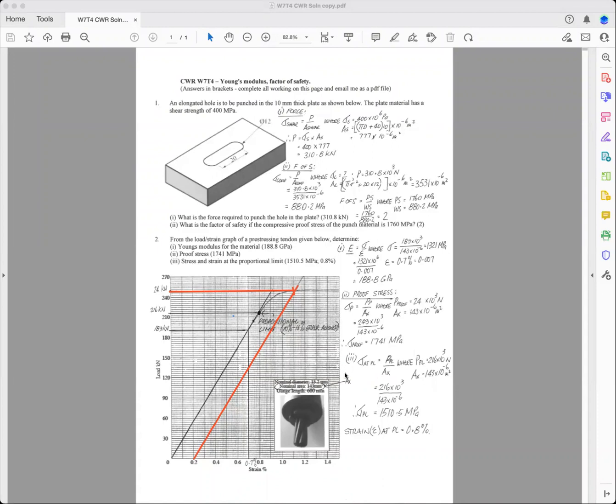So the proportional limit is 216 times 10 cubed load over that. And so you get the proportional limit of 1510 megapascals. And then you just drop a perpendicular down there, and you see that it is at 0.8% strain, which I've got there. Okay, I hope you understand all that.